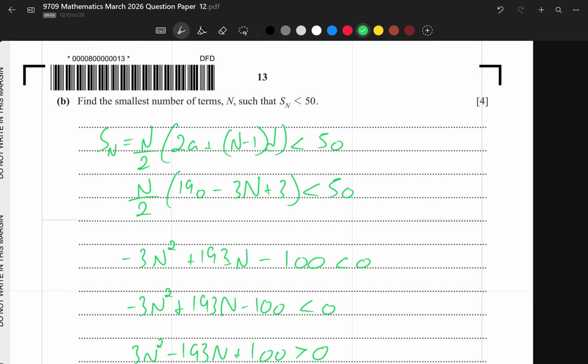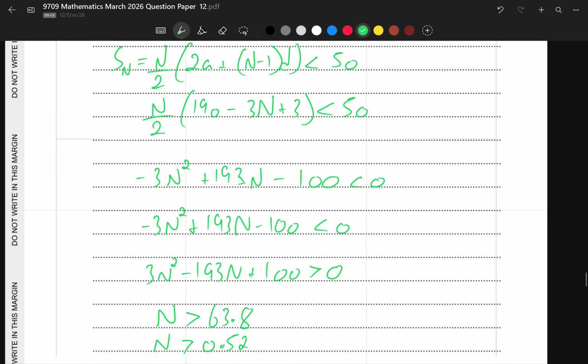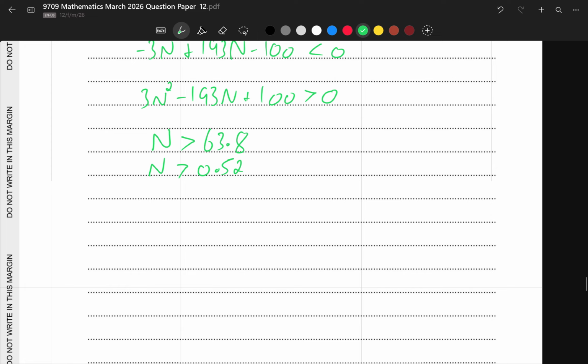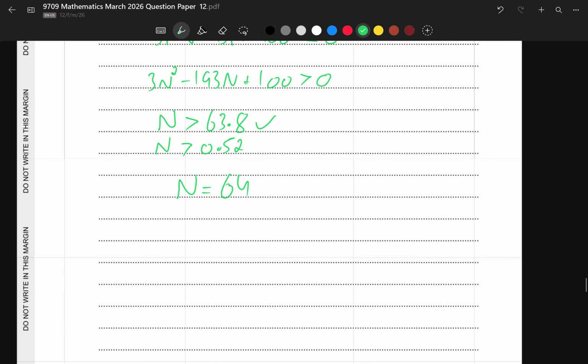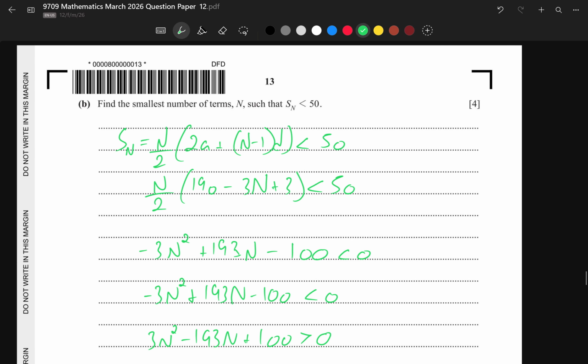It is less than 50, but the sum of n terms cannot be. So the second answer is only correct, 63.8. So n must be 64. The sum of first 64 terms must be less than 50.